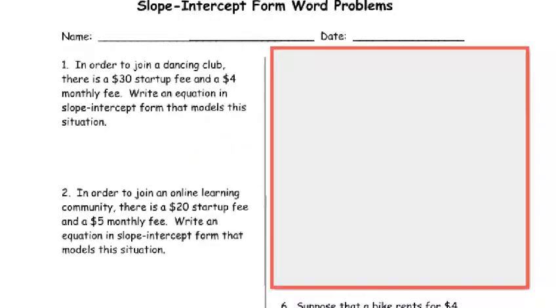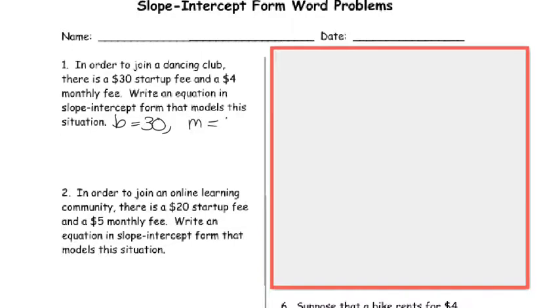So we want to write an equation for each one of these. It says in order to join a dance club, there's a $30 startup fee and a $4 monthly fee. When you first start up, what is the initial cost going to be no matter what? $30. So your startup fee is like your y-intercept. So your b is 30. What's the rate per month? 4.